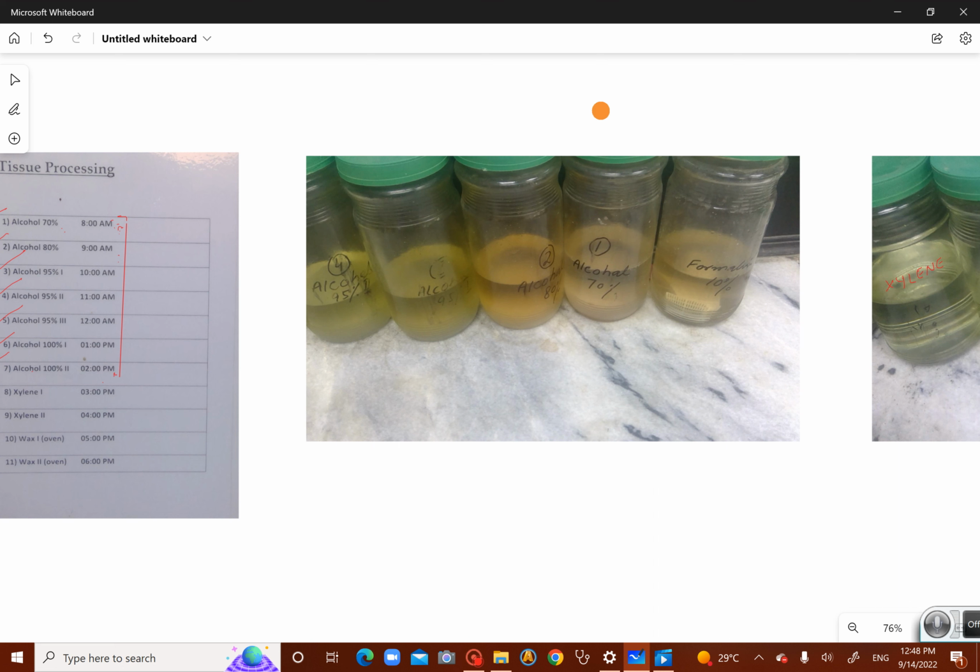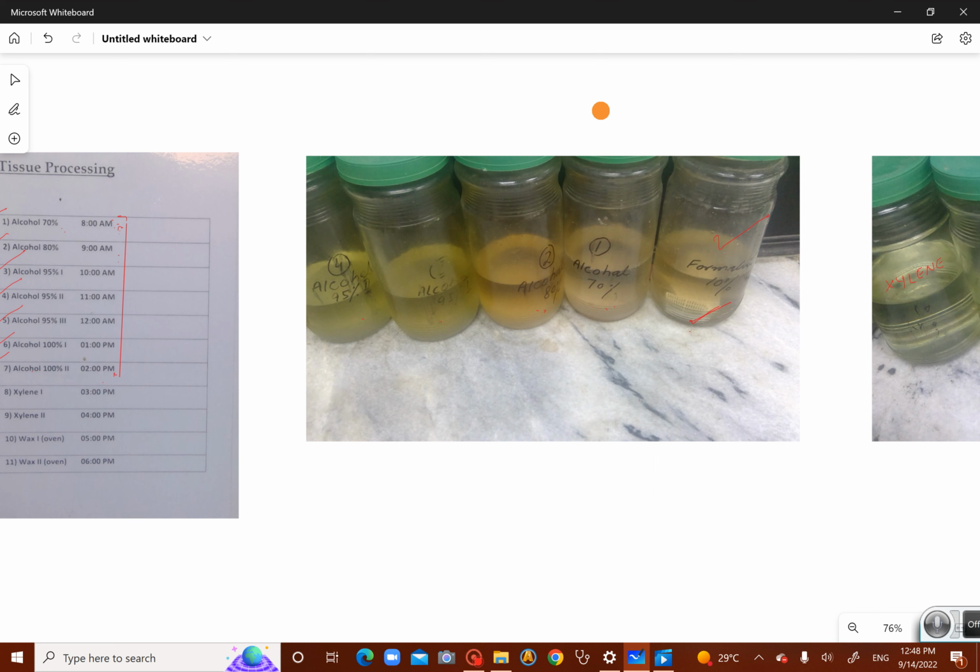So that is formalin to preserve tissues, and these are different jars. This jar contains 70% alcohol, this contains 80%, that is about 95%, 95%. So the cassettes, here you can see, are placed in formalin to preserve the tissues and to get them fixed.